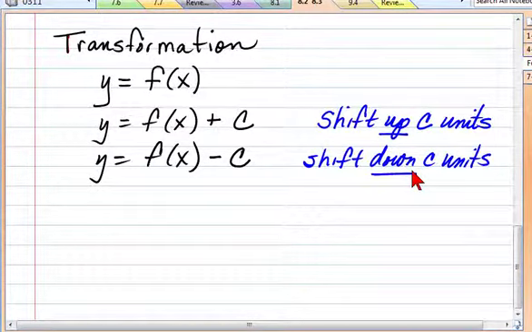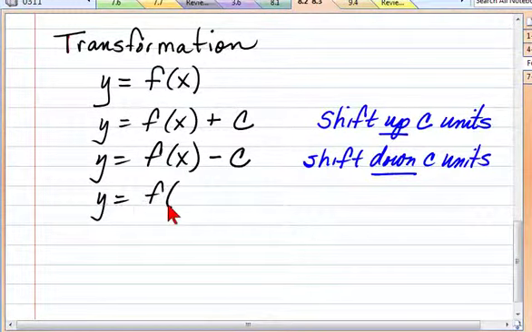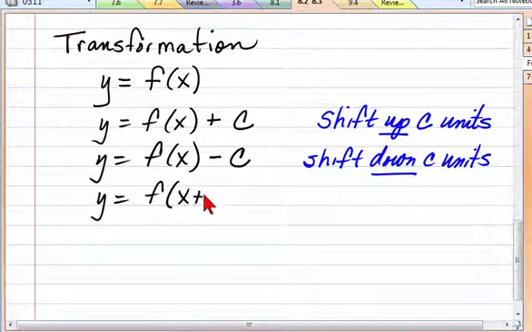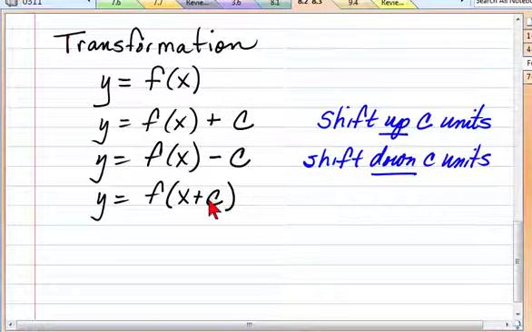Now the next two, and there are only 4 transformations that we look at in this course. There are other transformations. What if I have y equals f of x plus c? And right now, all you really notice is that I put the plus c in the parentheses instead of outside the parentheses.